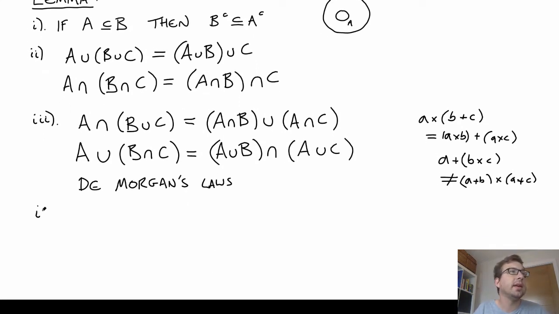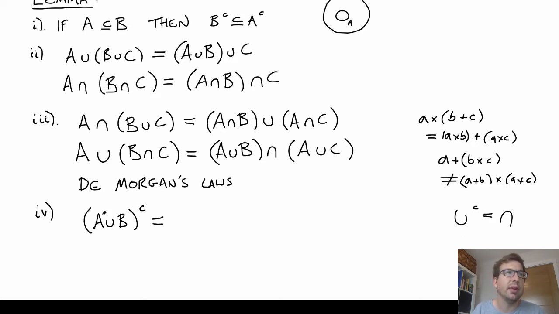Another thing to add is to do with complements. If we look at A union B and look at its complement, then what this does is essentially apply a complement to the A and a complement to the B. We could think of it like union complement is equal to intersection.